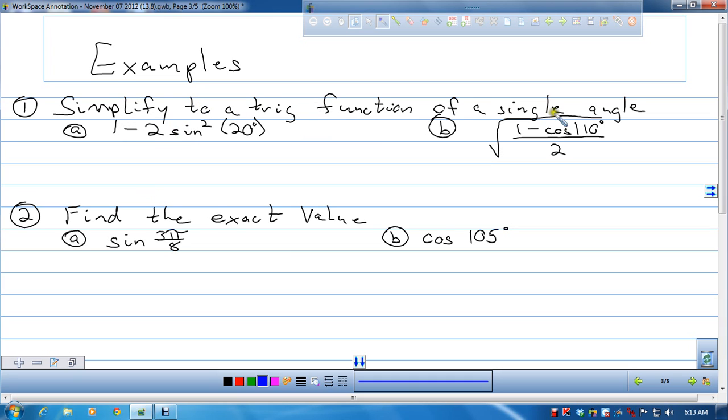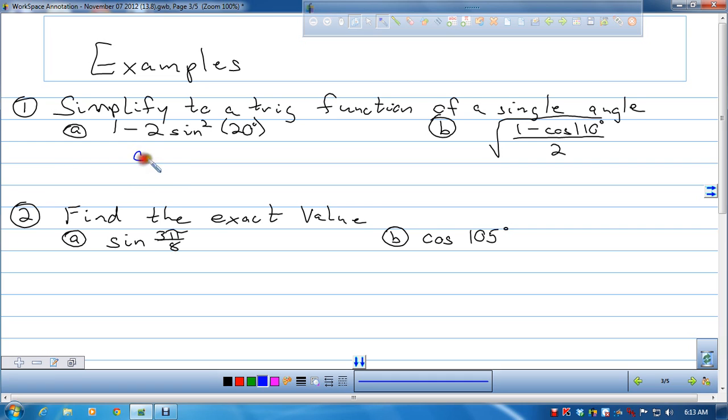So again, it comes down to identifying patterns. So let's do the easy stuff first. Simplify to a trig function of a single angle. What you need to do here is recognize the pattern, and 1 minus 2 sine squared of 20 degrees. Well, that looks to me like the double angle formula for cosine. You might want to look back at your formulas just to double check.